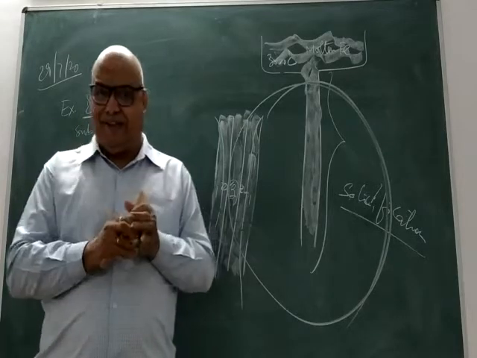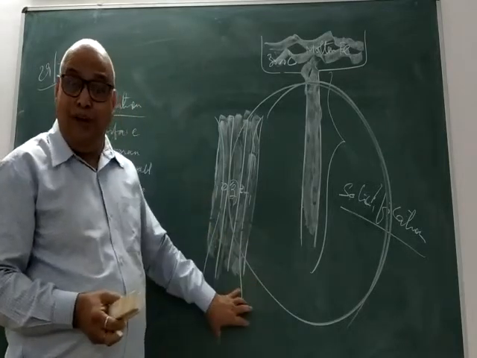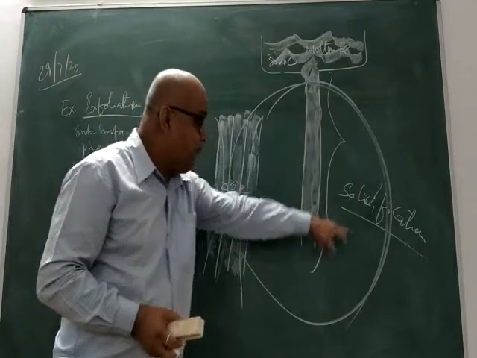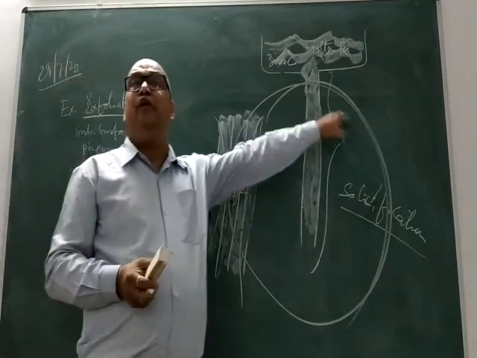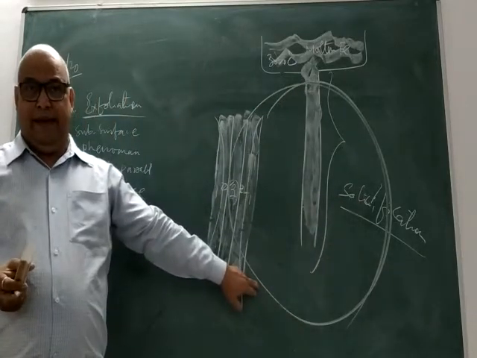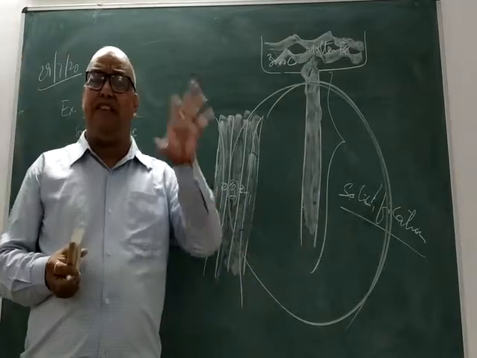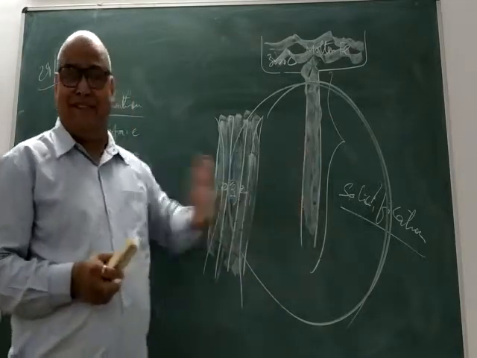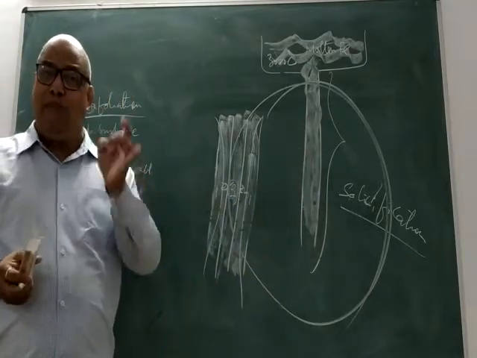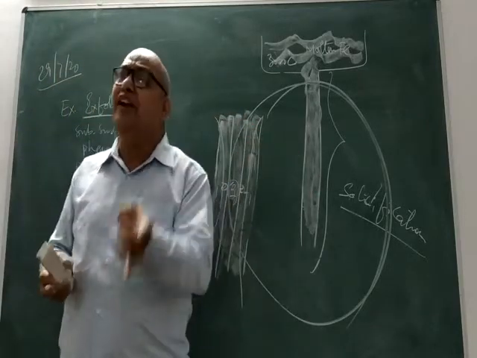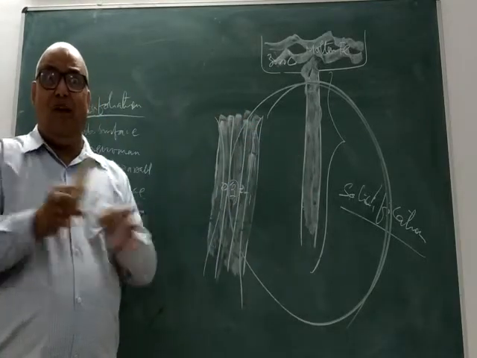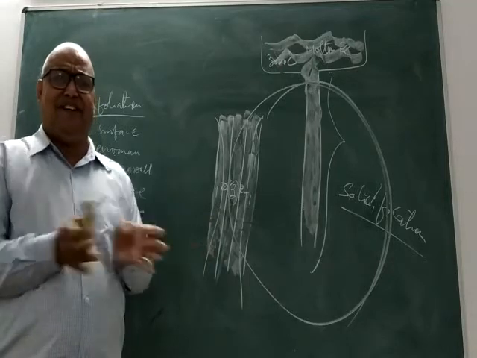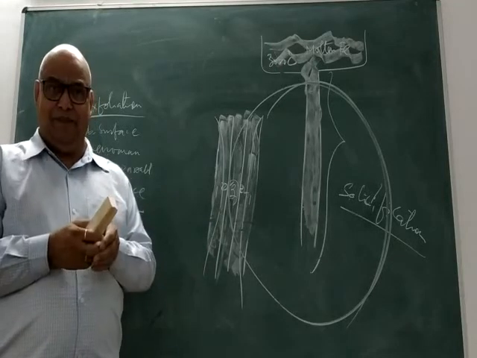Actually, the reason is that if we want to control this step, a lot of money will be invested. Maximum investment, maximum cost will be involved. And therefore, a rod made in USA and a rod made in India, there will be a gulf of difference in terms of quality.